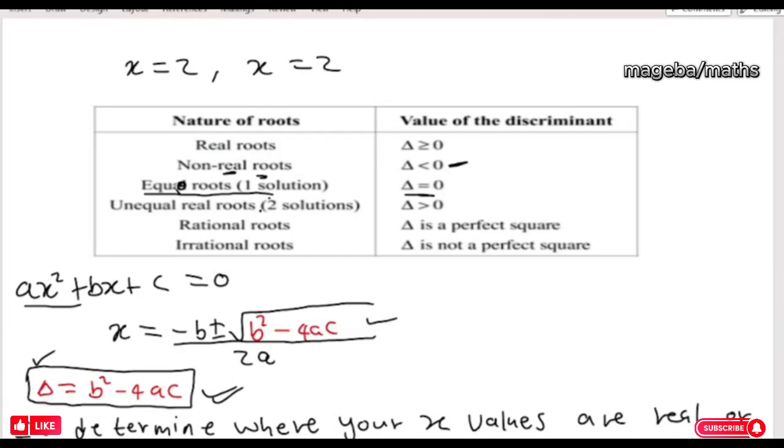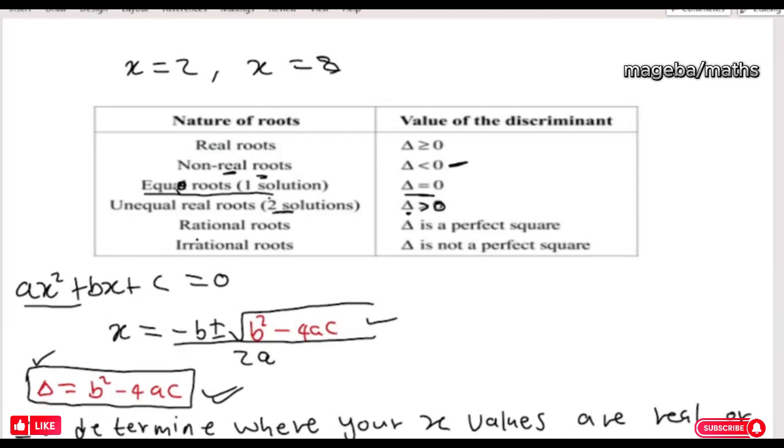Now the unequal roots are where you find two solutions, values of x that are not the same. You'll find 2, and the other one, let's say, you'll find 8. So those roots are unequal if the values of x are not the same, so delta must be greater than 0. Remember, it's only greater than 0, not equal to 0.